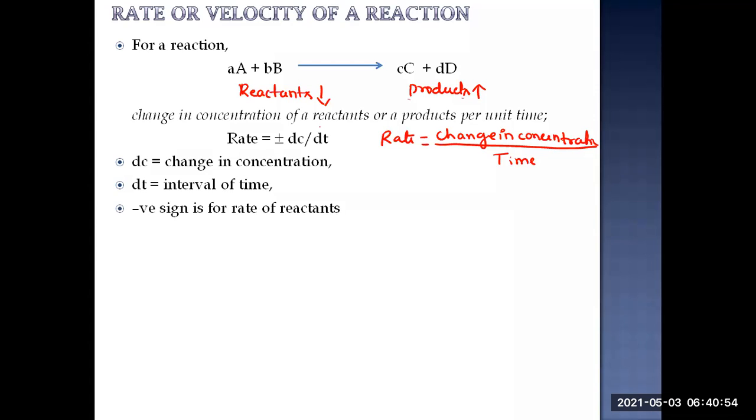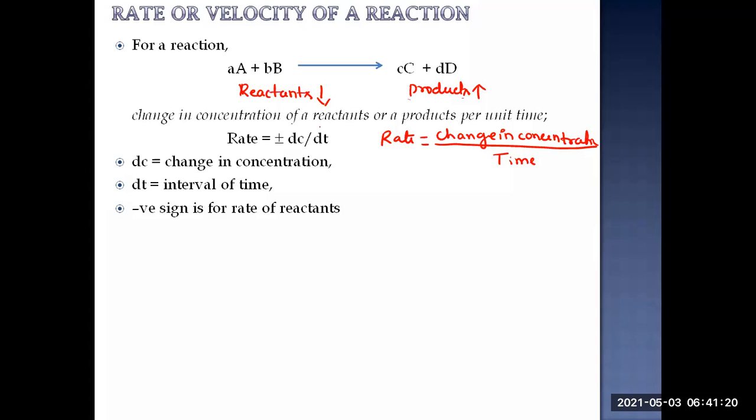Okay. Now there is a negative sign and there is a positive sign. Why do we need to have a negative sign or positive sign? Generally, the negative sign is given for the mathematical rate expression for reactants, and for products, negative sign is not given. So that means it remains positive.